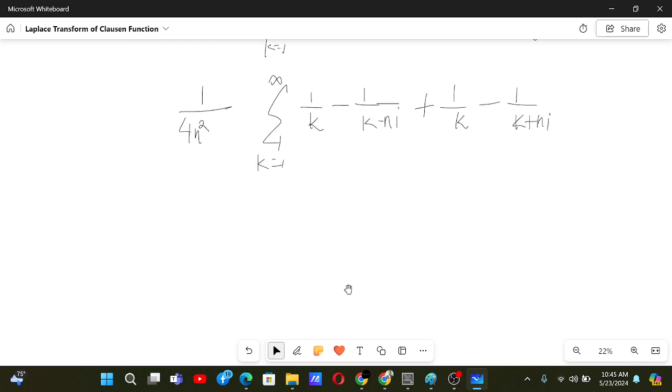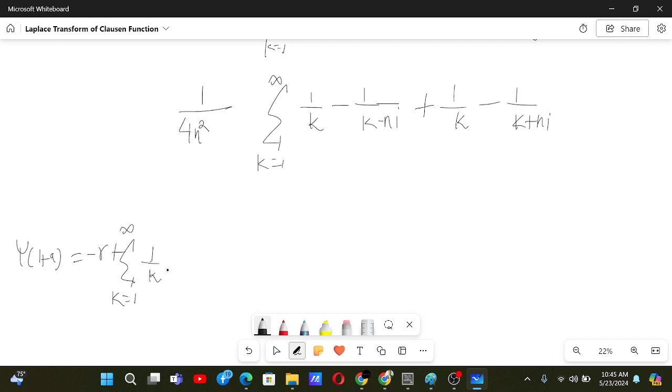And now using the definition of the digamma function, we know that digamma of 1 plus a is just minus Euler-Mascheroni constant plus the sum from k equals 1 to infinity of 1 by k minus 1 by (k plus a).